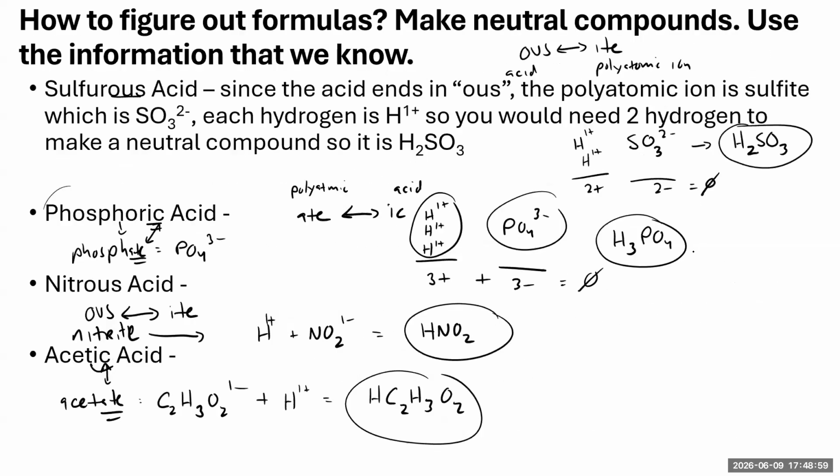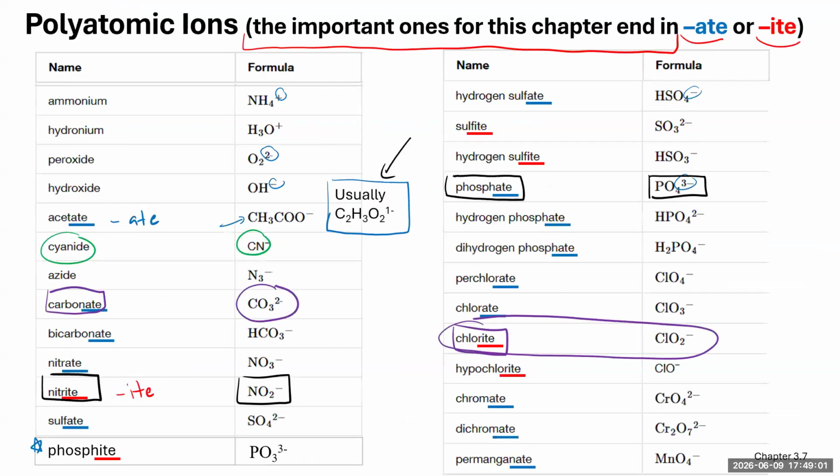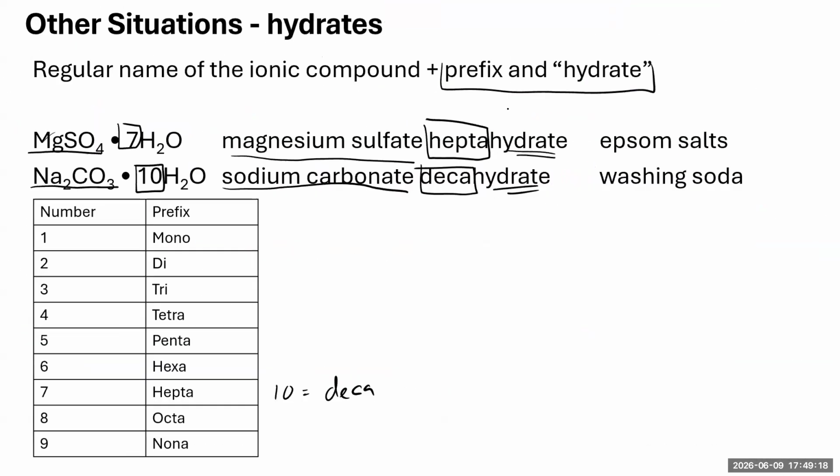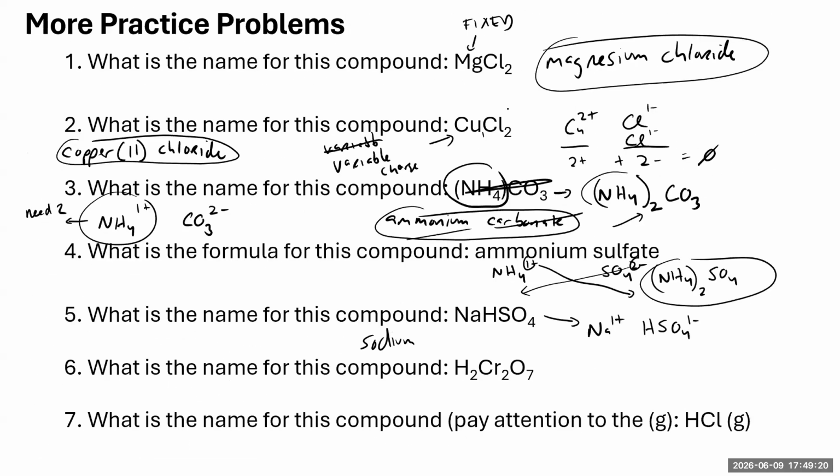But let's go for HSO4 1 minus if it's up here. HSO4 1 minus, boom, hydrogen sulfate. Another word for this is called bisulfate, but let's not get complicated. We're just going to call this sodium hydrogen sulfate.